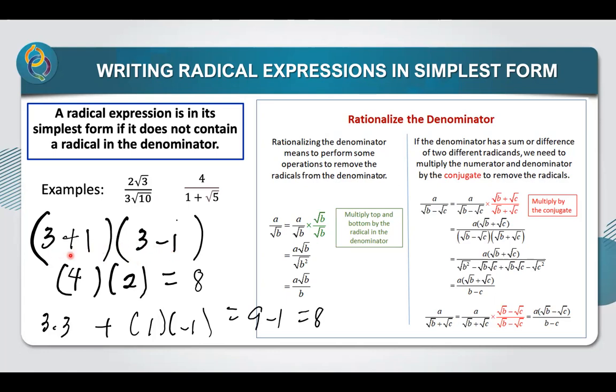So if I multiply this term by its conjugate, it is just the same as squaring the first term, 3 times 3, squaring the second term, 1 times 1, and subtracting, because 1 times negative 1 is negative 1. So that is now 9 minus 1.